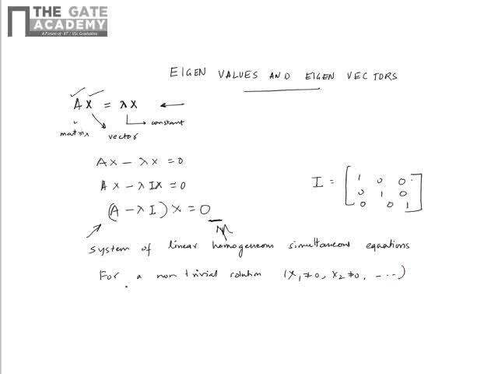Okay, but we are not looking for the trivial one. We have already seen that when you have a homogeneous set of linear equations, for a non-trivial solution, the determinant of A minus lambda I has to be 0.